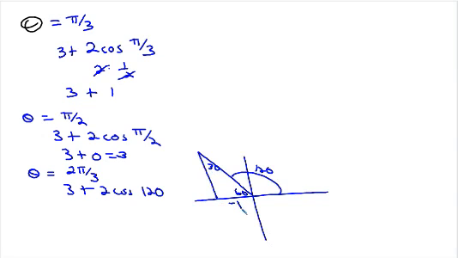This is -1, 2, square root of 3. What I want you to notice is we're in the second quadrant. All scholars take calculus. In this quadrant, the cosine values are going to be negative. So adjacent over hypotenuse, this is going to be -1/2 times my 2. So this is going to be a -1 added to that 3. And so now that value is going to be equal to 2.